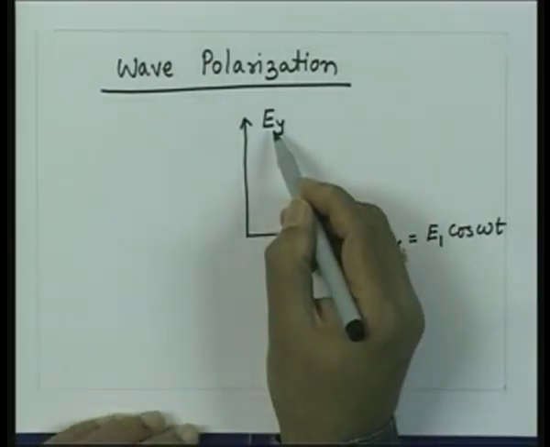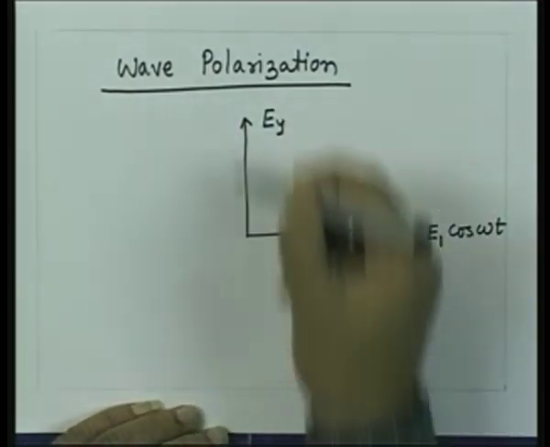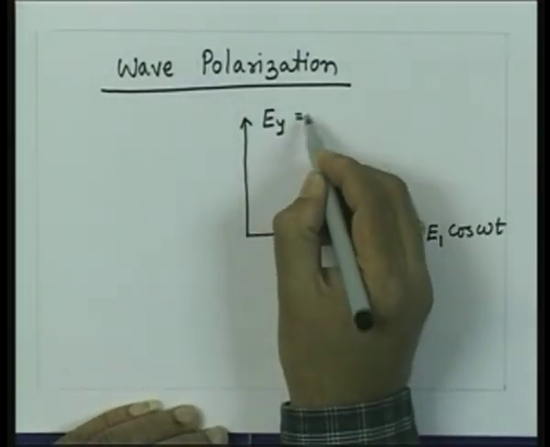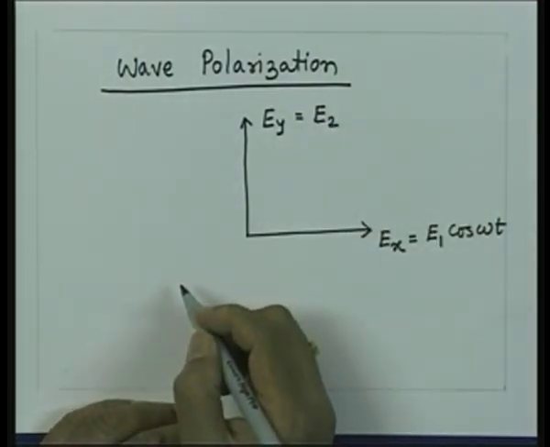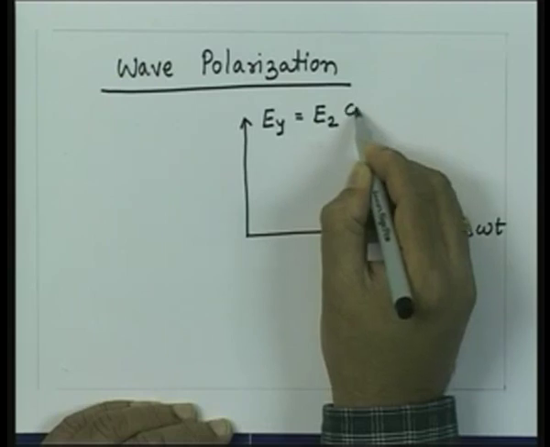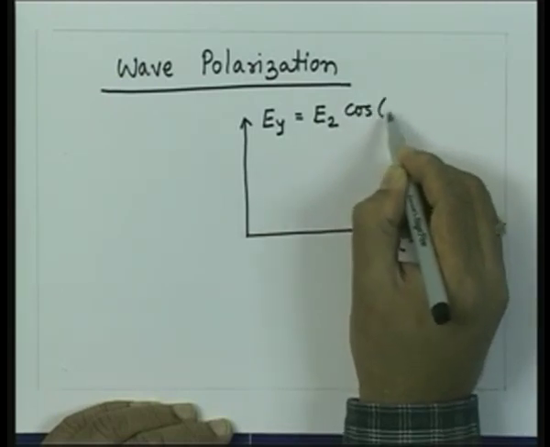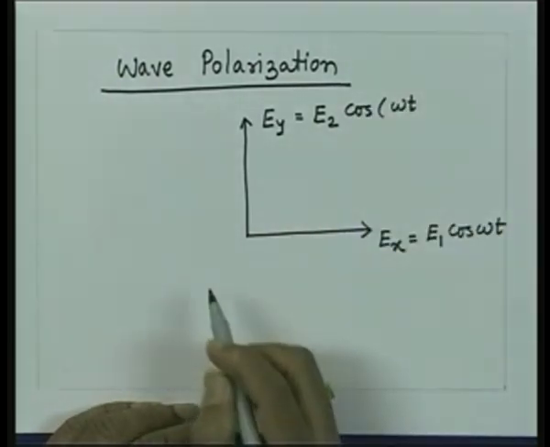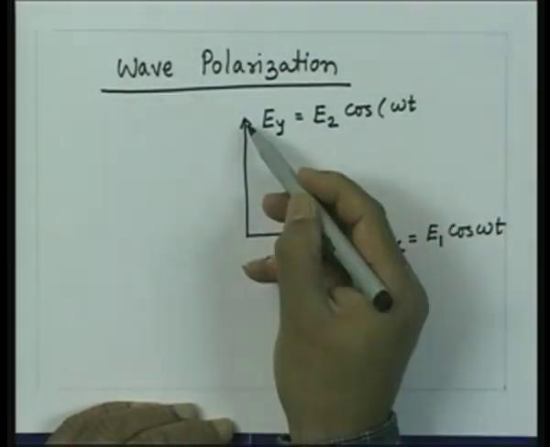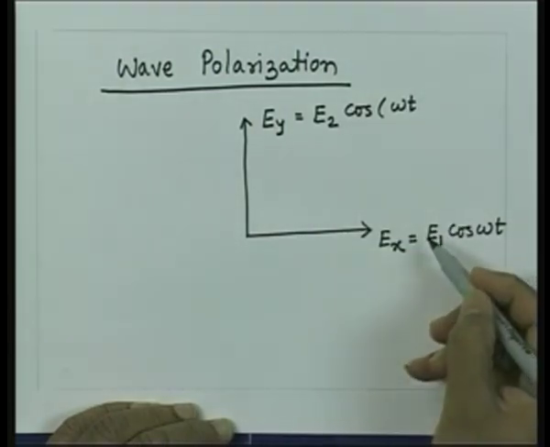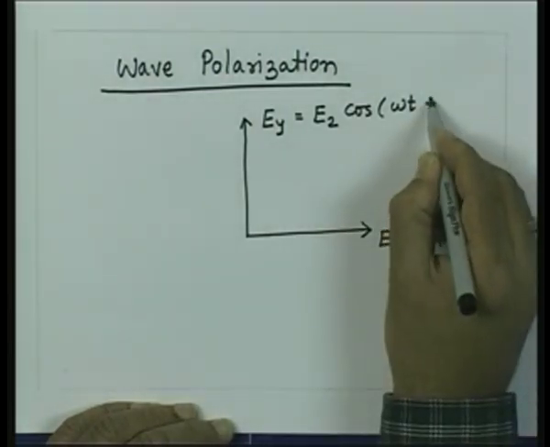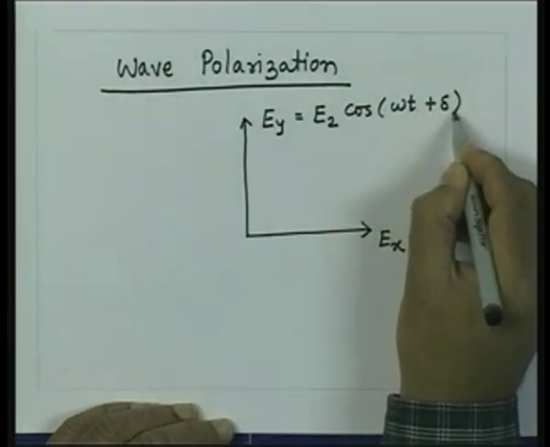Similarly, I can take this electric field which is y oriented and let us say it has a magnitude E2, frequency is same omega t, but it is possible that it might have a phase difference in time with respect to this field. So, you can have this as given by some quantity delta.